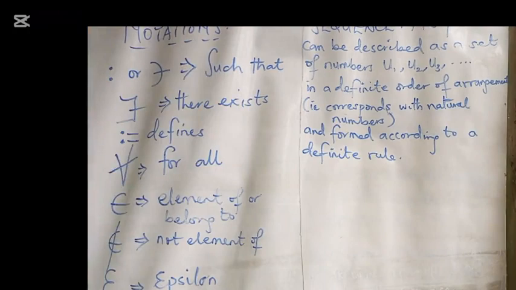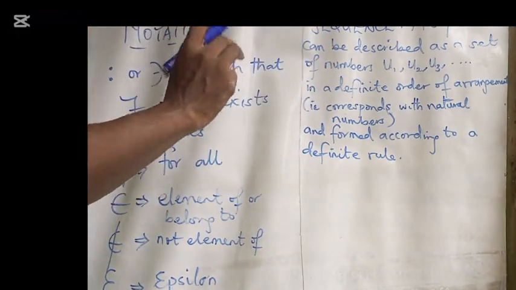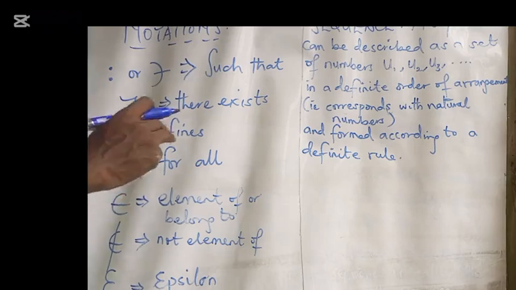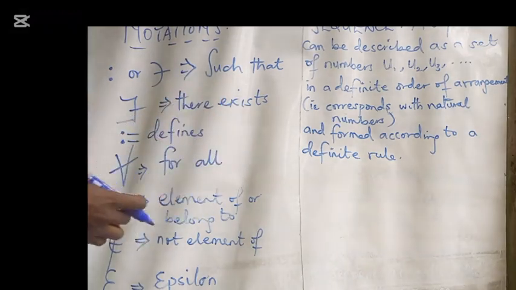That is a sequence. A set of numbers in a definite order of arrangement corresponding to natural numbers and formed according to a definite rule.